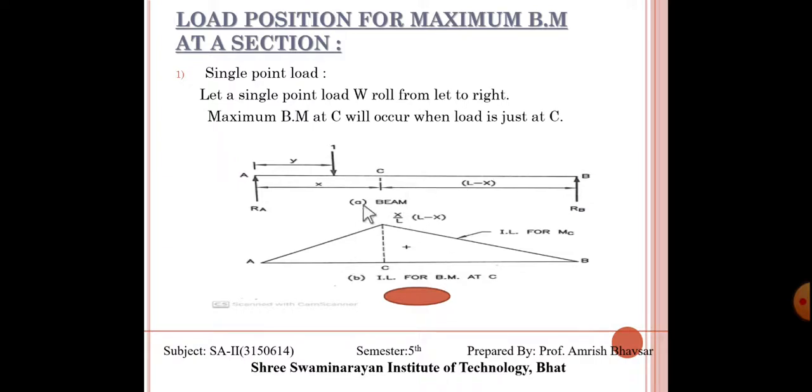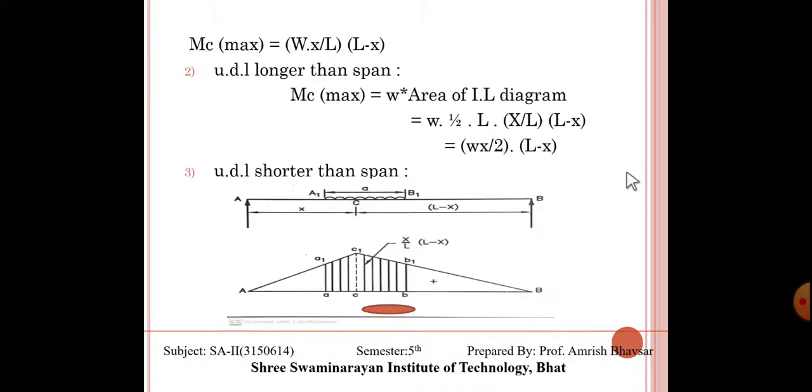Now, as we discussed, the maximum bending moment at point C is W a b by L, where x is considered as a and this is b. So, this is our maximum bending moment diagram, W a b by L. This is our point C. So at C it is maximum, as we can consider the unit load at point C. Now, the maximum moment at C is equal to W x into L minus x.